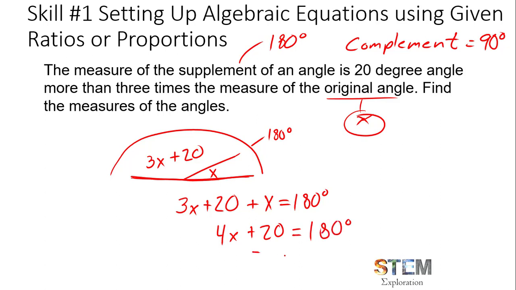We can subtract 20 from both sides. We can see that 4x is equal to 160.